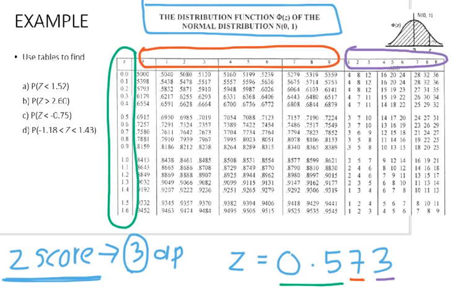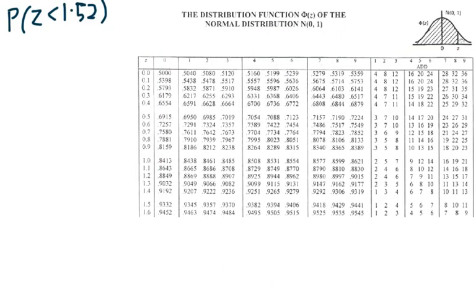Now let us go through how to read the probability value. We go with the first question, which asks us to use the table to find the probability for Z less than 1.52.